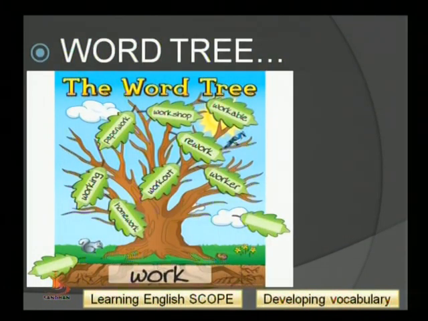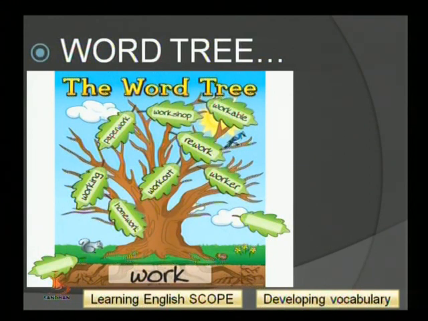Here you can see a colorful tree. This is a word tree. This is about work. Workshop, rework, workable, worker, workout, homework, working, paperwork, etc. So this tree can give us a variety of usages of a particular term.